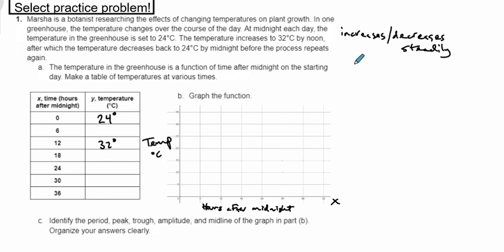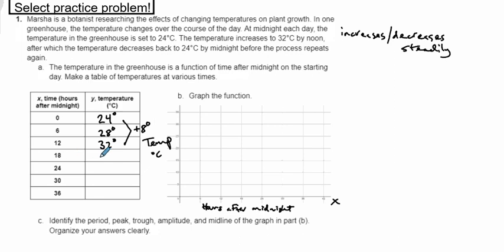If we know this is an increasing and decreasing steadily thing, going from 24 to 32 is an increase of 8 degrees. So if we're going to see what this is at 6 hours instead of 12, it should naturally be half of that. That would be 4, which means we'll put this at 28 degrees.